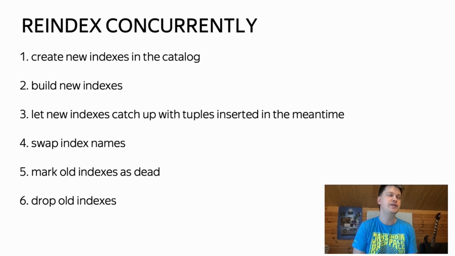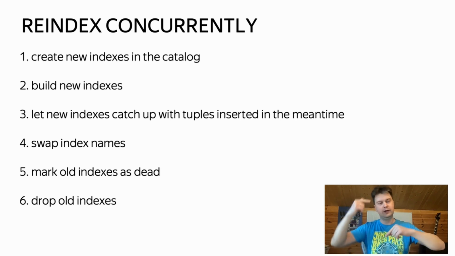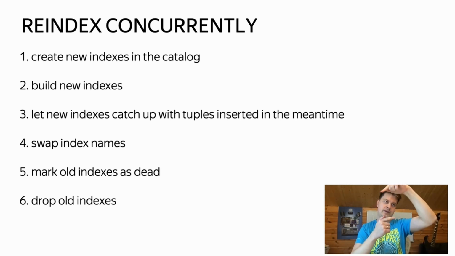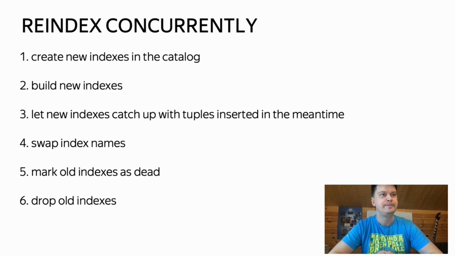And one final thing about concurrent index creation: sometimes we need to reindex concurrently. Usually it's done to free up some space, and this is a very similar operation to create index concurrently, but at the end we need to swap indexes, rename the new index to the name of the old index and mark the old one as dead.